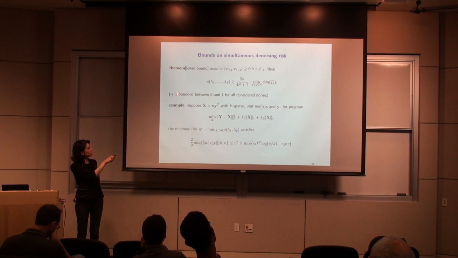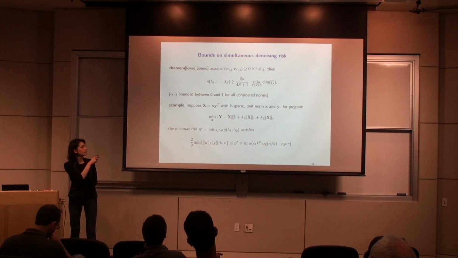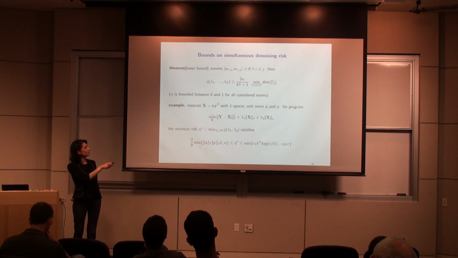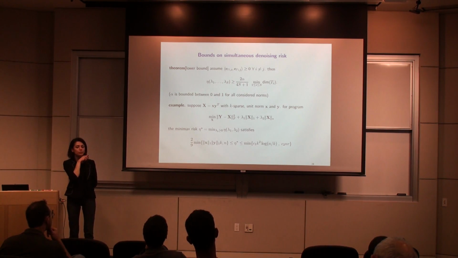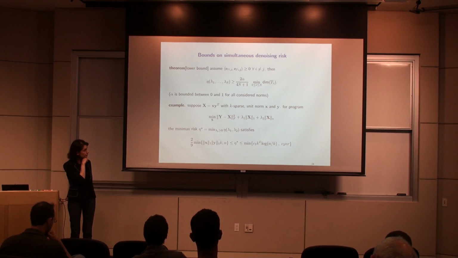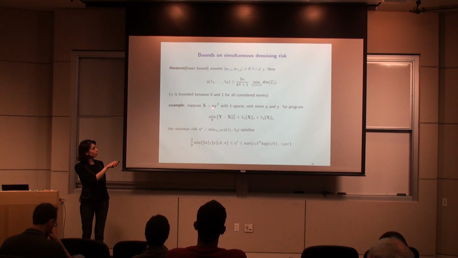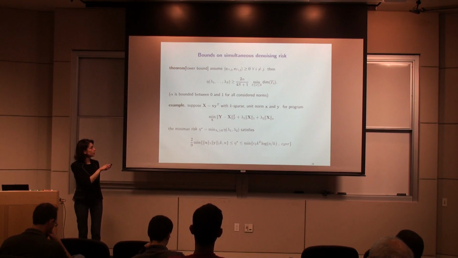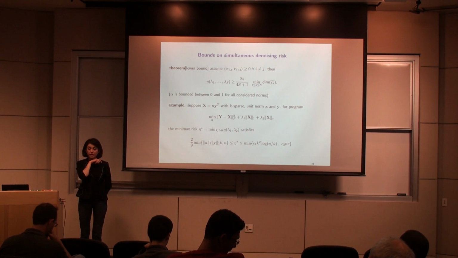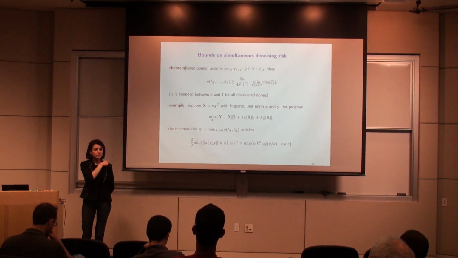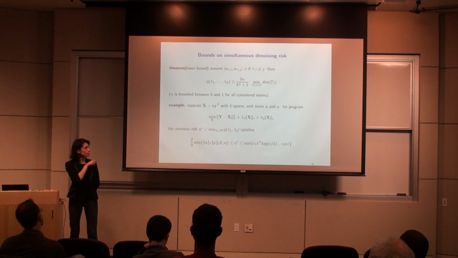So I'm not putting in the details. Alpha is again a constant, but it's bounded between 0 and 1 for all the typical norms. An example of this is, again, a matrix that is rank 1, so the outer product of x and y, where x and y themselves are k-sparse vectors, and let's say they have unit L2 norm.